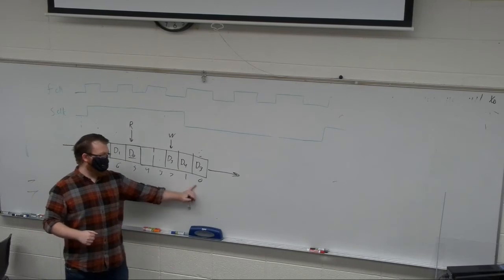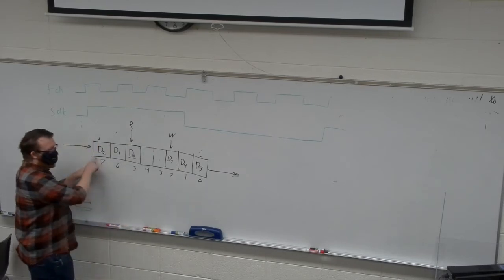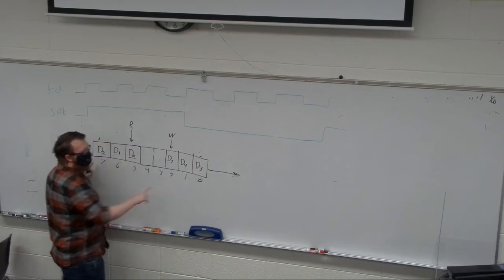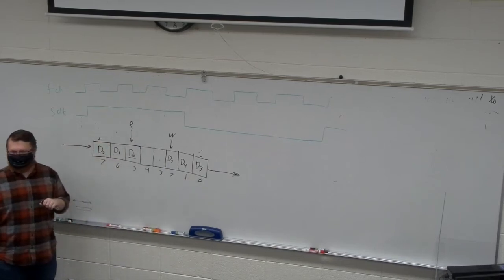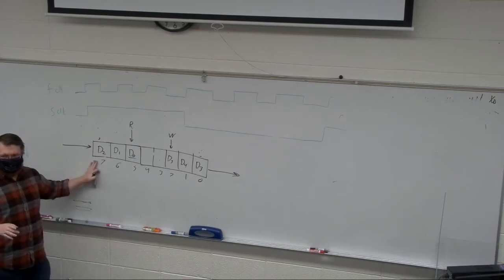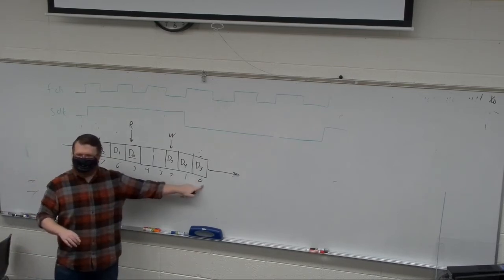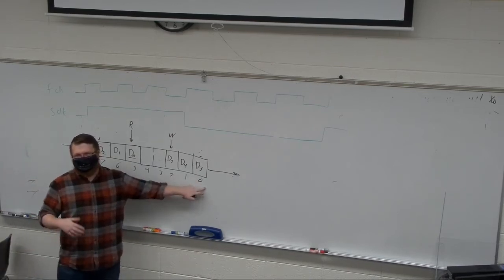And what this does for you is when you roll over, it makes your flag a little bit easier to deal with because if you're binary, you're going from all 1s to all 0s. And if something happens there, how do I phrase this correctly?